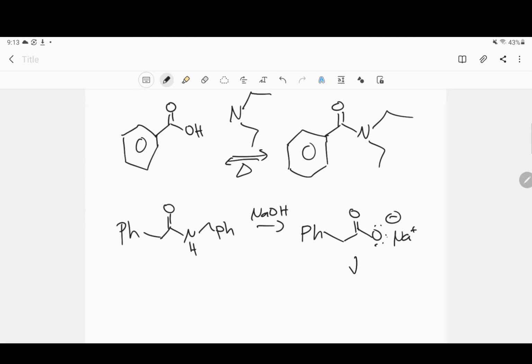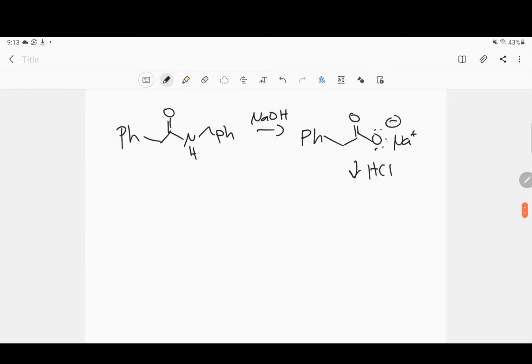The HCl just turns you into the carboxylic acid, and then you have NaCl as your other product. The carboxylate may be hard to isolate, but the carboxylic acid is easier. And then of course you also end up losing your amine there.